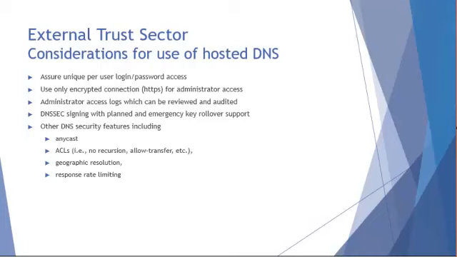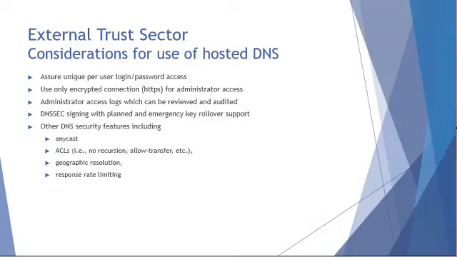Anycast provides a great way to distribute the query load for your external information across the globe, so look for Anycast global deployment. ACLs, this is something they may not want to share all the details on, but certainly you want to make sure that they've taken the steps to secure their DNS infrastructure.